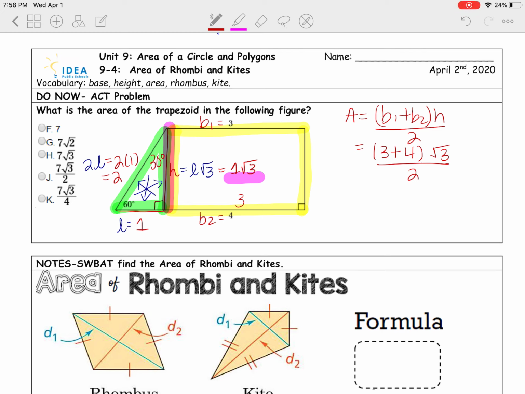Let's follow the order of operations. Start with whatever is in parentheses first. 3 plus 4 is 7 times the square root of 3 divided by 2. We do not need to simplify our answers any further. Since we have found our answer, our correct answer is J.